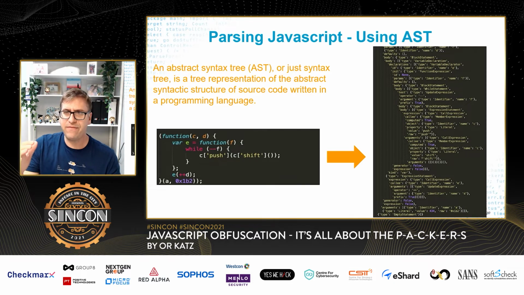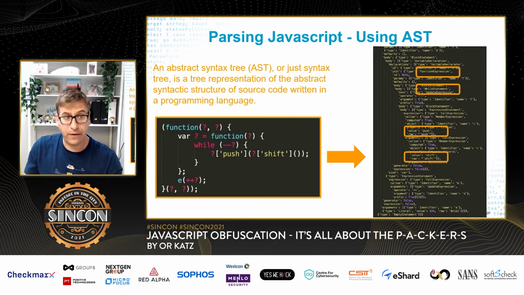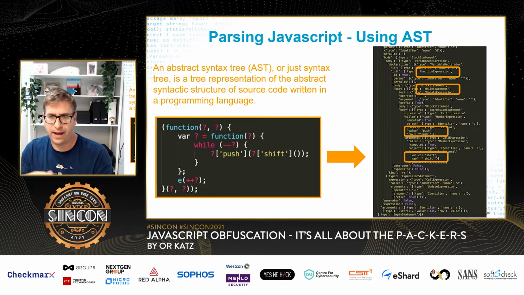Once you have that, you can say, I'm not looking for the exact code that was executed. I'm looking for the pattern that was executed. In our case, the pattern was an anonymous function, a while statement, and some pushing and shifting for a list inside of that JavaScript.